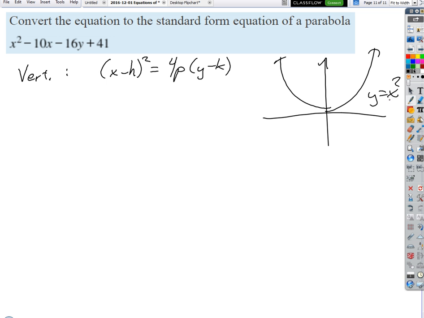So what am I going to do with this if I want to put it into standard form? Let's put the x terms on the left side. So I'm gonna get x squared minus 10x, leave a space, equals, and then on the other side, let's just put the y term and the constant. Everybody agree? So we get positive 16y minus 41.